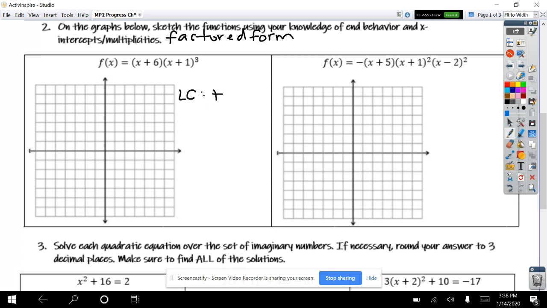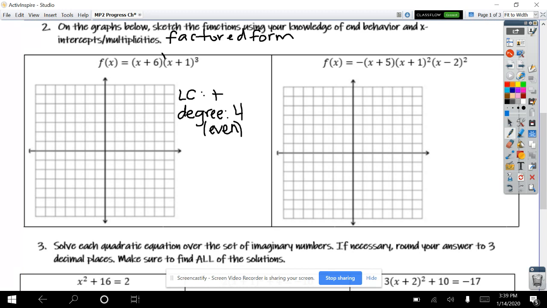And then for the degree, I need to see if it's odd or even. I see that there's a 3 right here, but I need to add the degree on every factor for factored form. So I've got a degree of 3 on this factor, and then this other factor has a degree of 1. So 3 plus 1 means the overall degree of the function is 4, which is even.